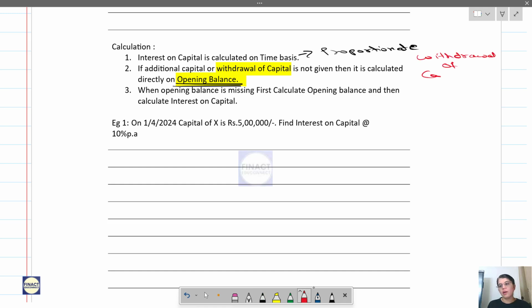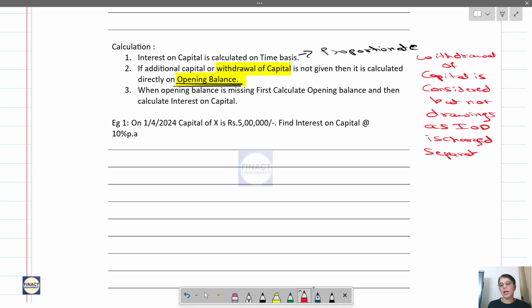Withdrawal of capital is considered but not drawings, as interest on drawings is charged separately. So while calculating interest on capital, we will be considering only withdrawal of capital and not drawings. How to calculate it, we will see. Just write down this point.